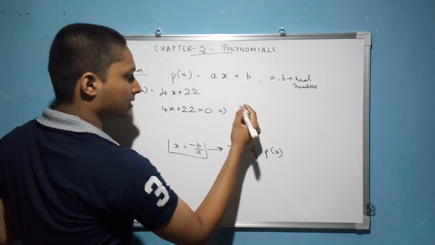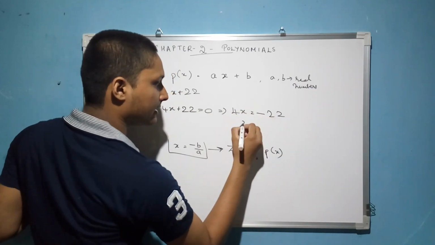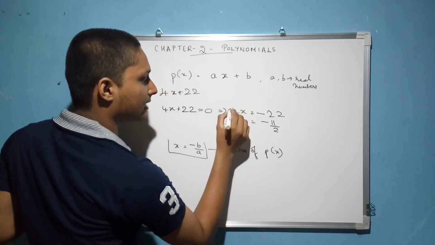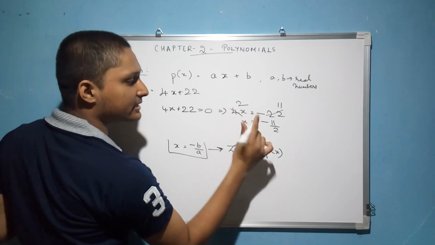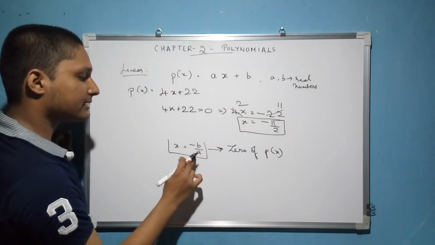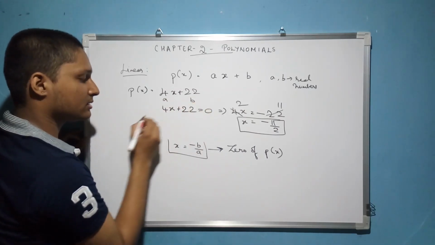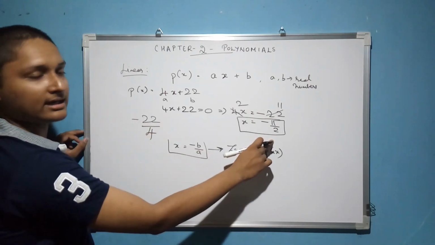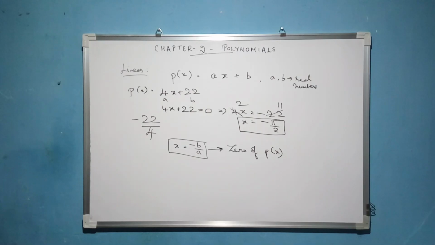So when I take 22 to the other side, it becomes 4x is equal to minus 22, x is equal to minus 11 by 2, because I can cancel out 2 here. This becomes 11. Minus 11 divided by 2. x becomes minus 11 by 2. Or it is minus b by a. This is a, this is b. Minus 22 divided by 4 gives the same value, right? That's what you understood just now.